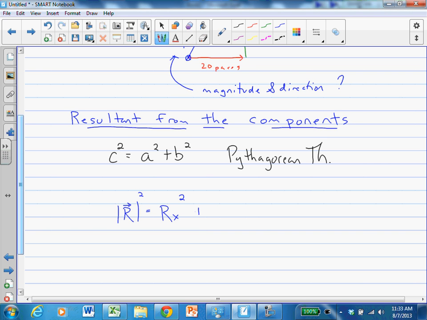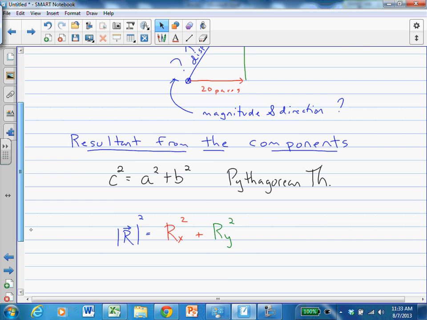Actually, let's make these ones red and green to correlate with our triangle that we formed up there, 20 and 40 there.